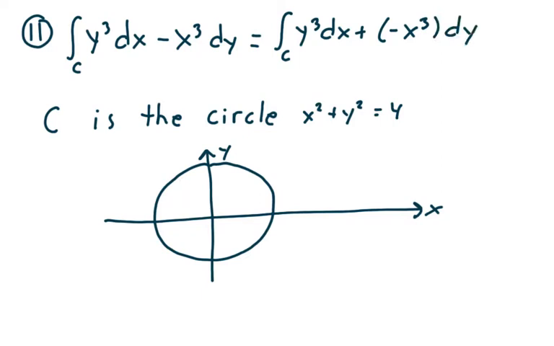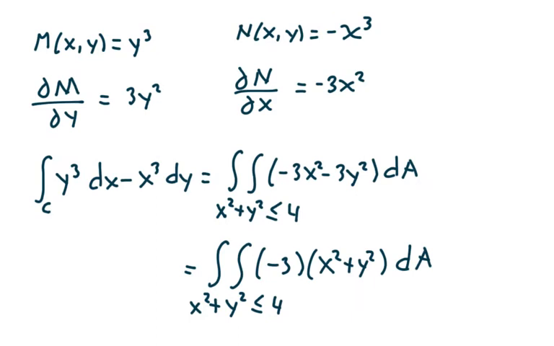It might help you identify your functions m and n easier. So it's got to be a sum for this to make sense. Now, c is the circle x squared plus y squared equals 4. That's a circle centered at the origin of radius 2. Okay? And we're going to integrate over everything inside the circle, as you're going to see in a minute.